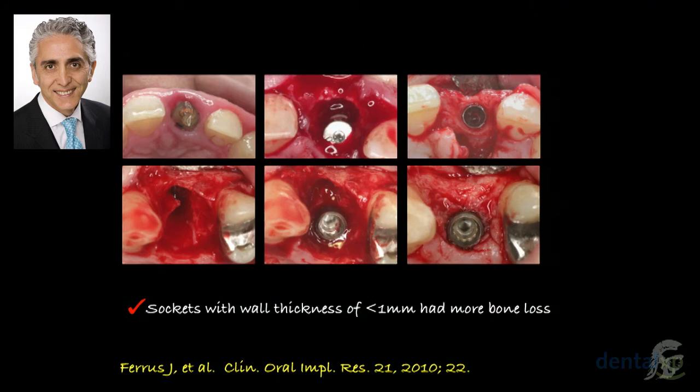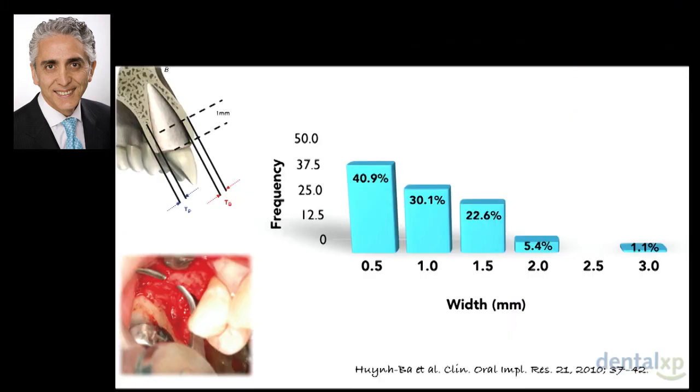So not only the presence of it is important, the thickness of the facial plate is also important. So as you can see here, 70% of the cases have a millimeter or less. So we know that in 70% of our cases, we're going to have some degree of bone resorption as a result of that facial plate being a millimeter or less.